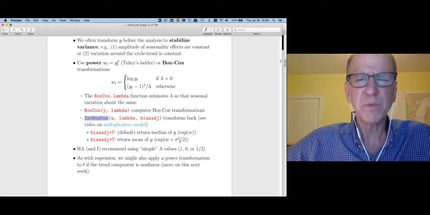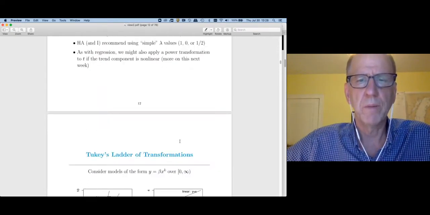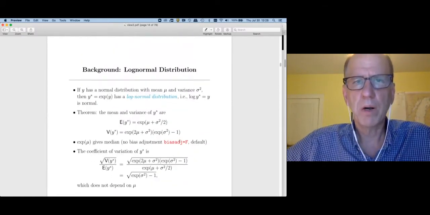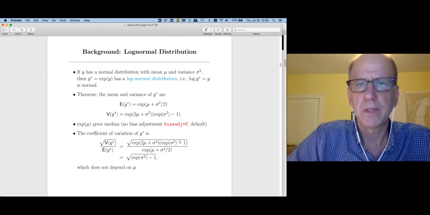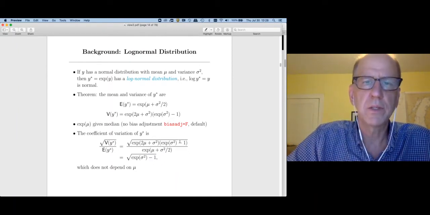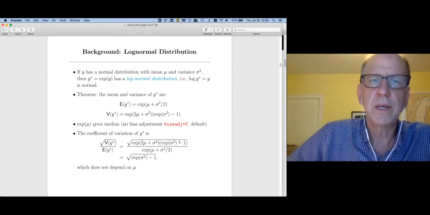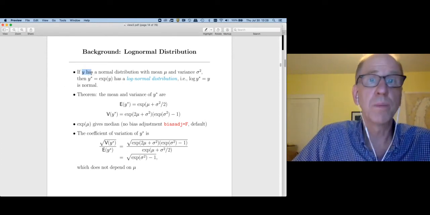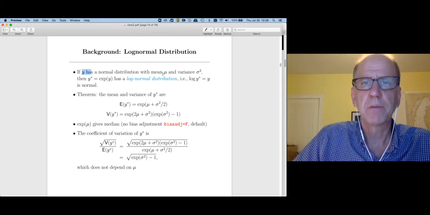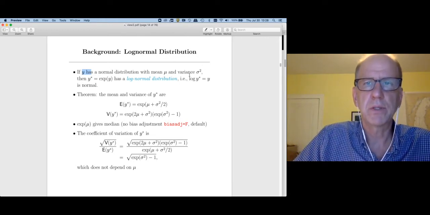So why do we have to worry about this? Well, this was part of my earlier course packet, but I really didn't go into a lot of detail on this. Let me go into more detail today. Let's say that y has a normal distribution, and it has some mean and variance.